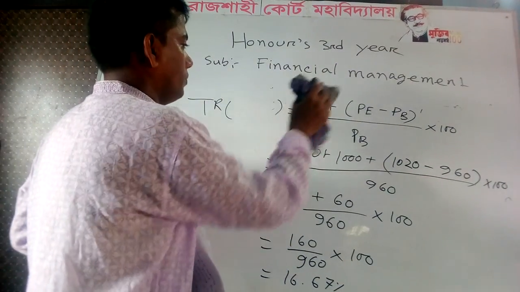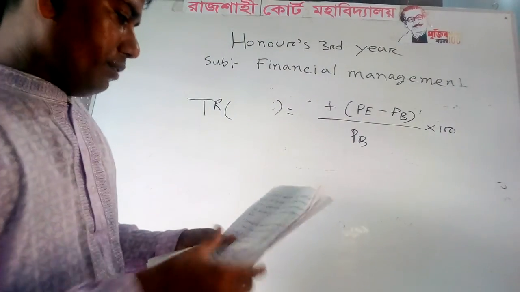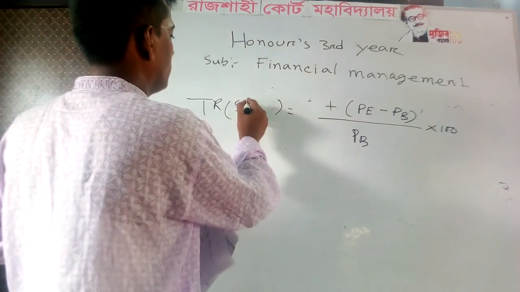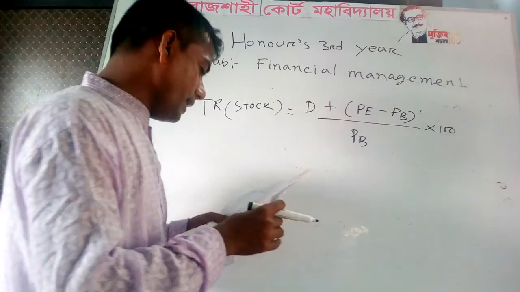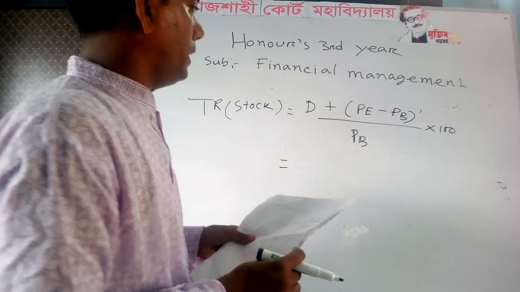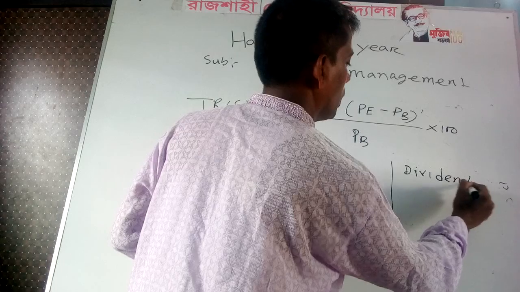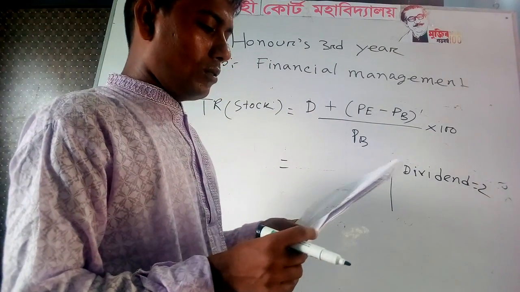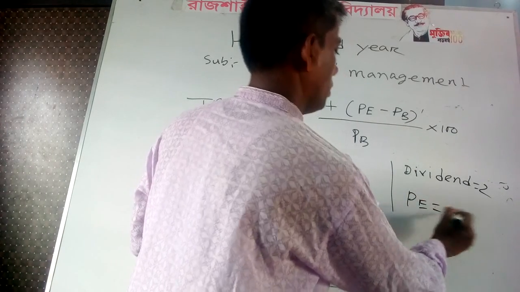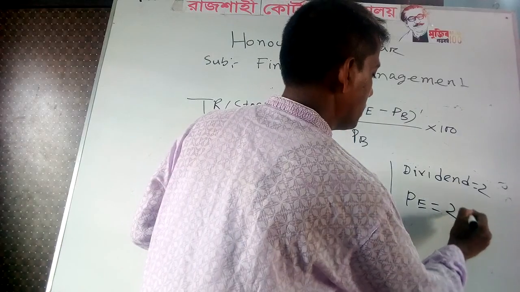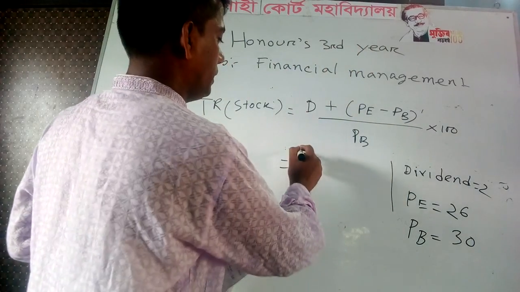Next, TR of stock. D is dividend. From the information, dividend is 2. We use short term PE. PE, sales price, is 26. PB, purchase price, is 30. Dividend 2.